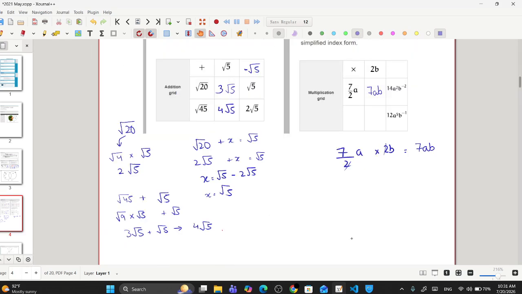Then be careful. Let's consider this value as x for now. I know that when 7 over 2a is multiplied by x, this is equivalent to 14a square b raised to the power of negative 2.